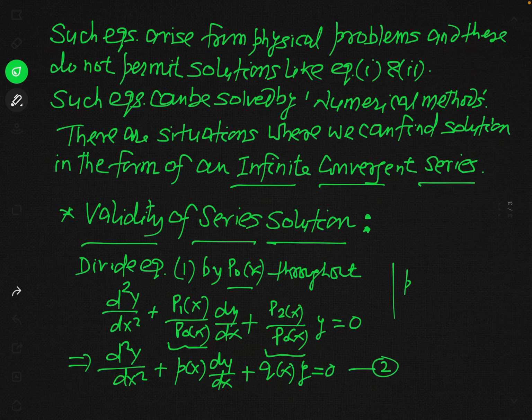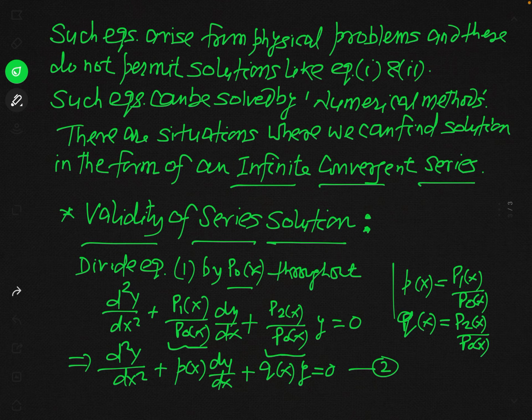Let us say this is equation 2. So you can see that I have assumed here that p of x is P1 of x by P0 of x, and q of x I have substituted for P2 of x by P0 of x.